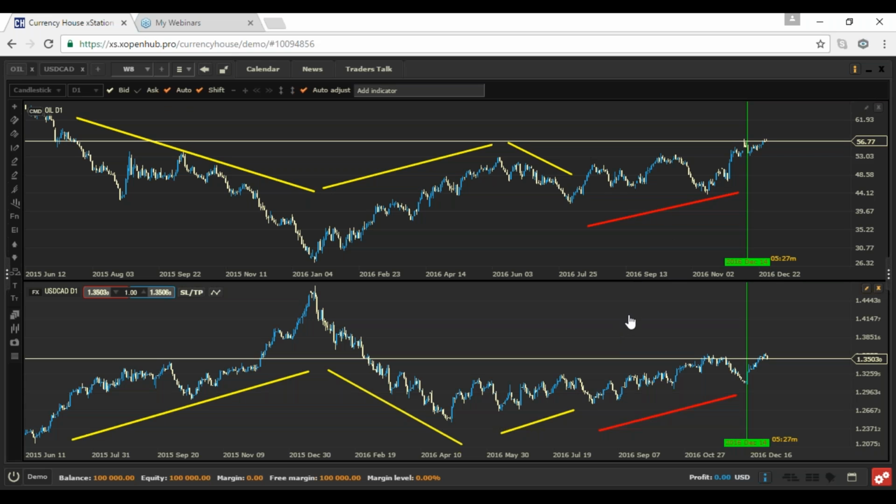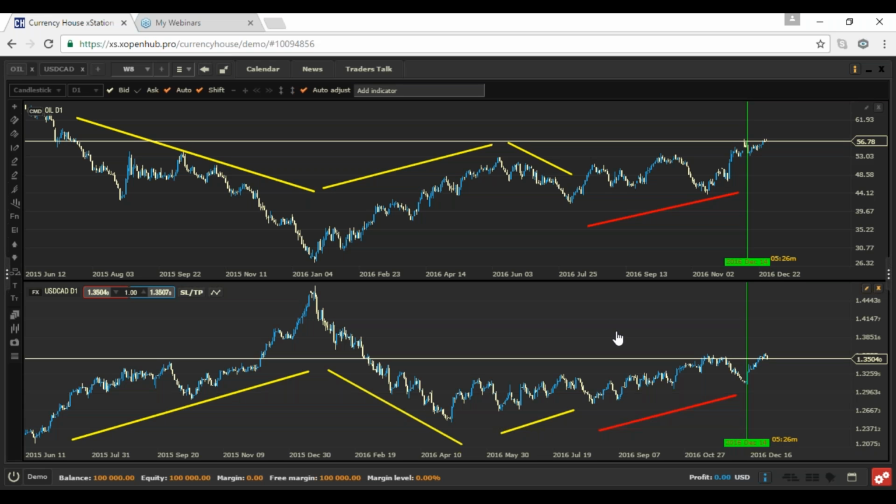And what I should say is that in case the fundamentals are showing reasons for growth of USD CAD, well, you can just throw out the technical analysis, and you have to understand that fundamentals are always above and much more important than the technical analysis.